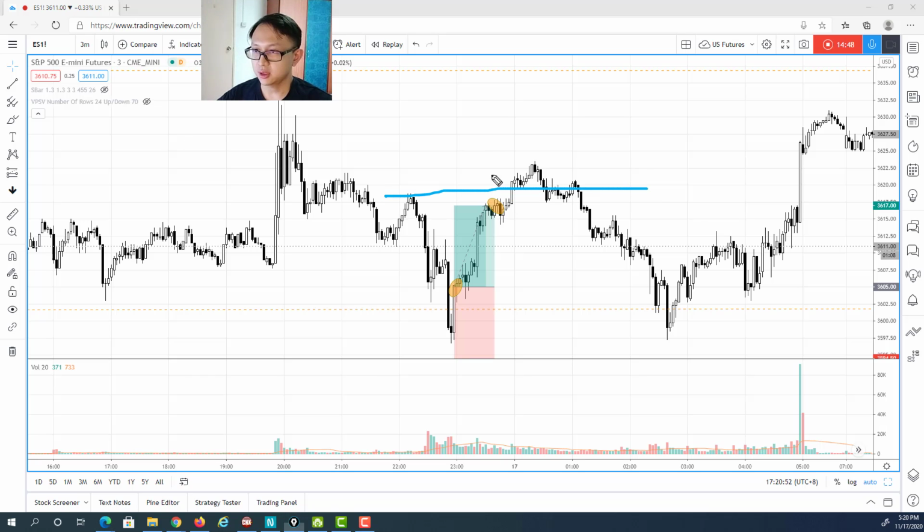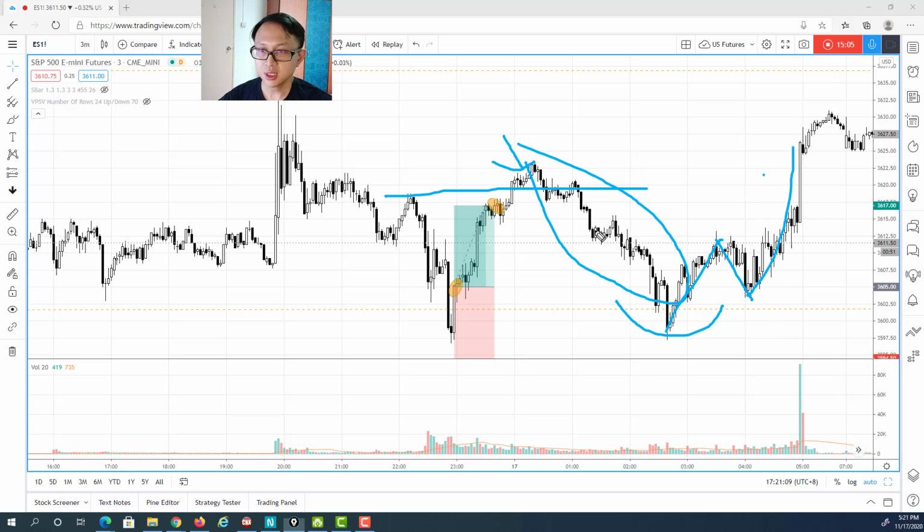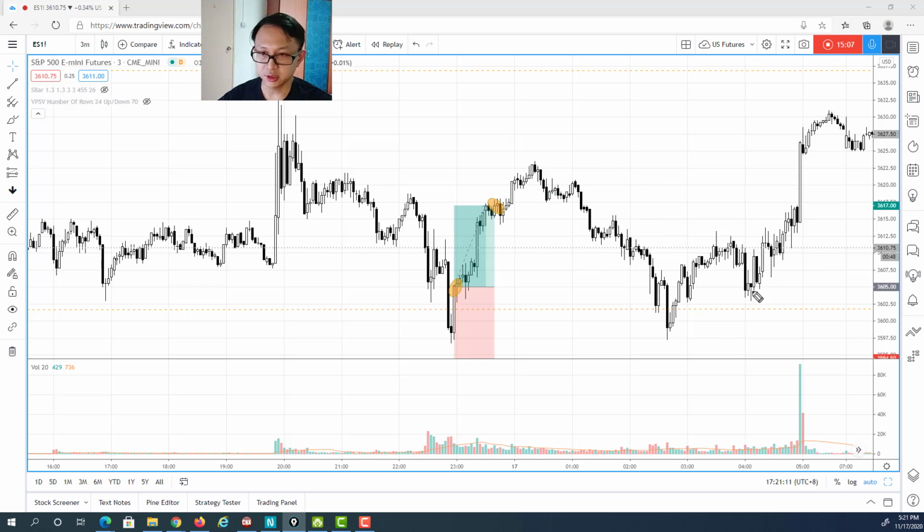We have temporary commitment above the swing high, followed by another reaction down that tested the level again, during about 3 a.m. in my time zone. You can see this rally test and then continuation to the upside. So maybe some of the opportunities can be seen at this portion here.